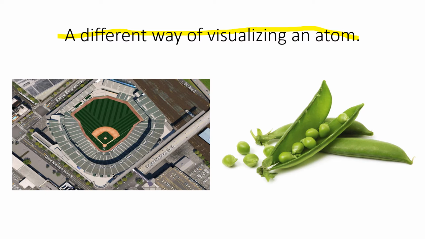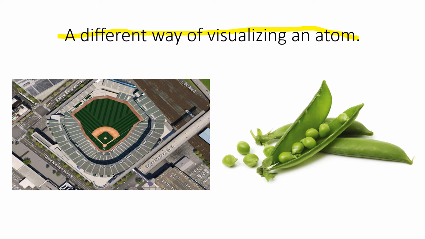If you can visualize that, you can think about how small the pea is compared to the rest of that sports stadium. That's your actual model of the atom. Think of the pea as the nucleus. The rest of the atom would be the rest of that sports stadium. So you can see how incredibly tiny that nucleus is compared to the rest of that sports stadium.